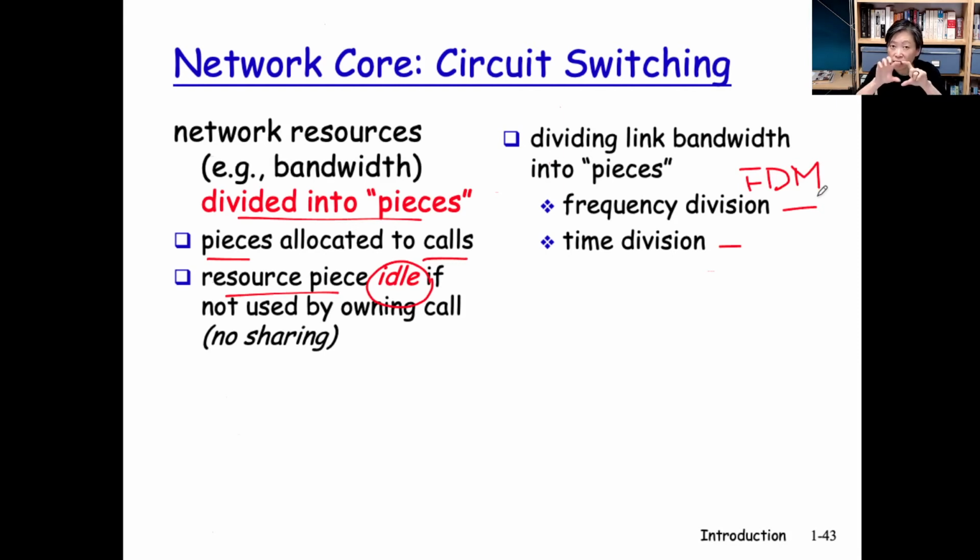We divide the cable network link capacity into what? Pieces by the frequency band. This is a very different flavor. Okay, it's dividing the link by the time. Let me illustrate.